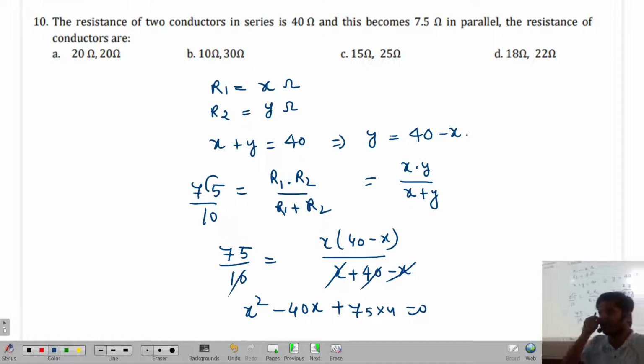I get a quadratic equation, and every quadratic equation has two roots. Here I will get one positive and another negative root. I will consider the positive resistor, put that value over here, and you will get the answer. So the answer to question number 10 is B, 10 and 13. Understood or not?